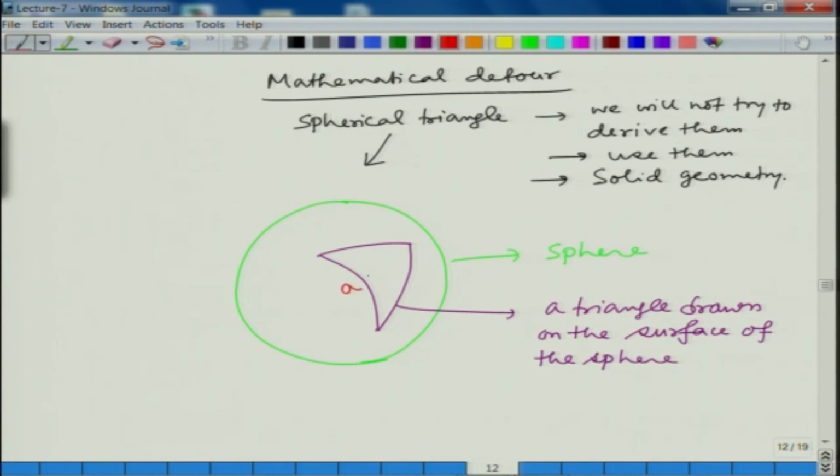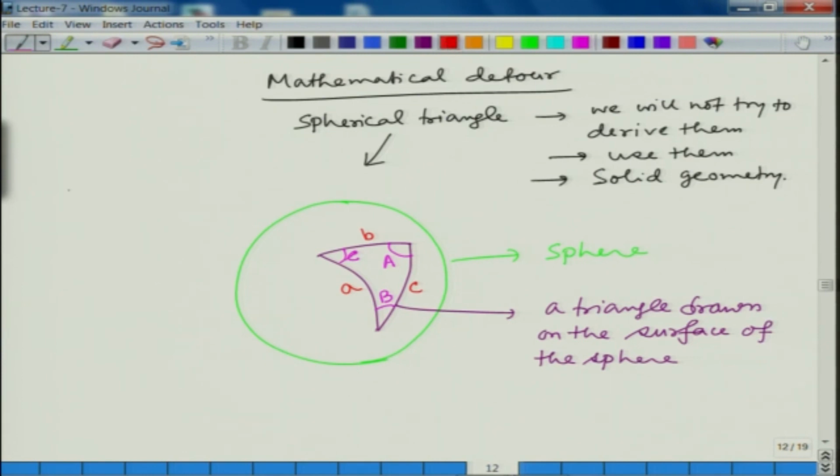Now, let us say these are a, b and c, the lengths of the arms of the triangle, and the corresponding angles, let us say this is A, this is B and this is capital C. Okay.